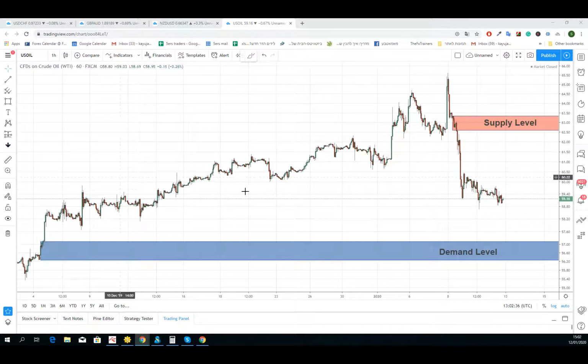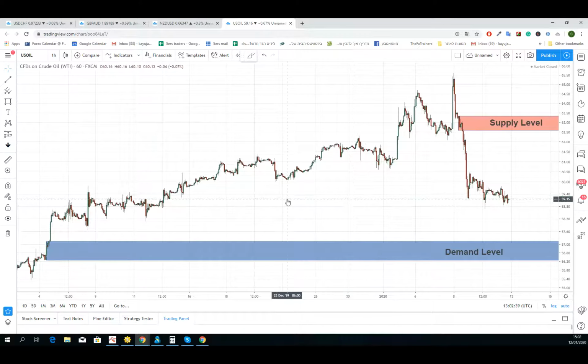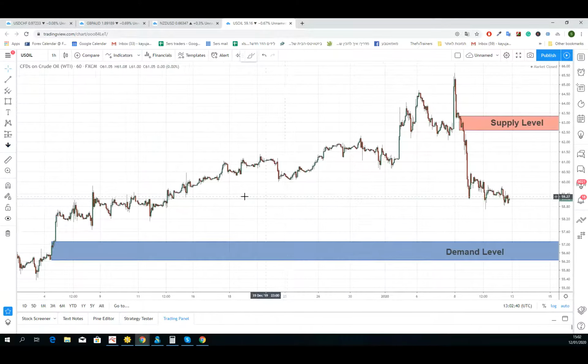Okay, so let's start. I'll start with the US oil. This is the 1 hour chart, the hourly chart.